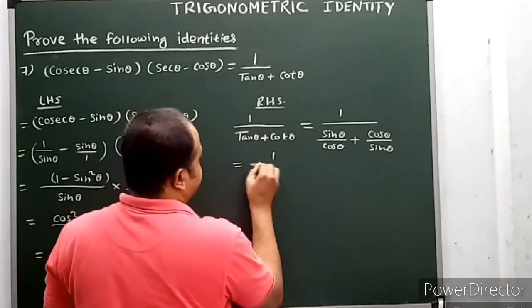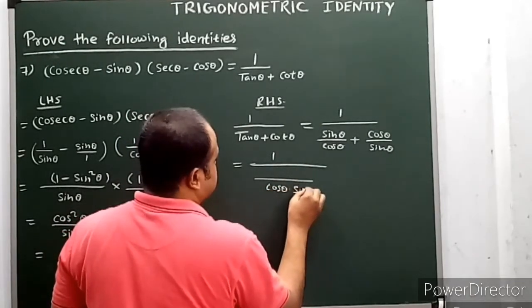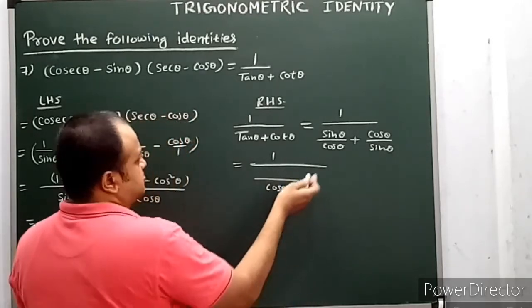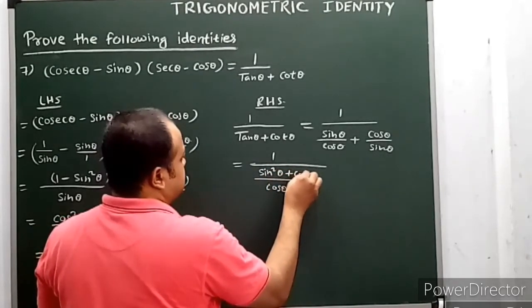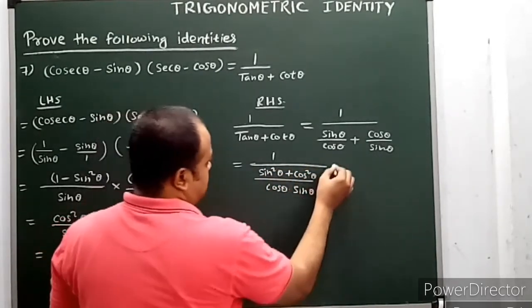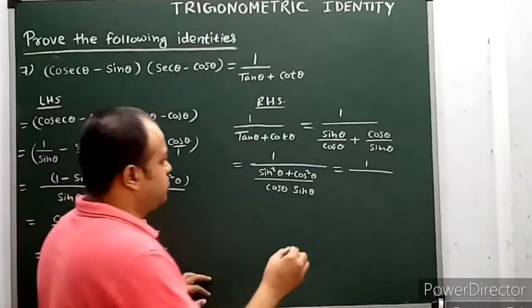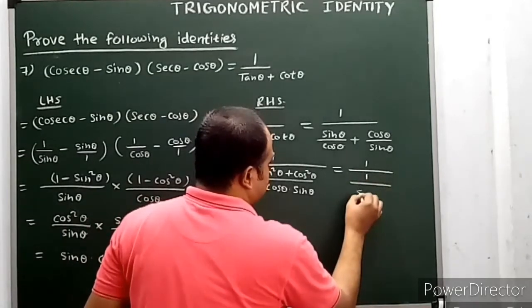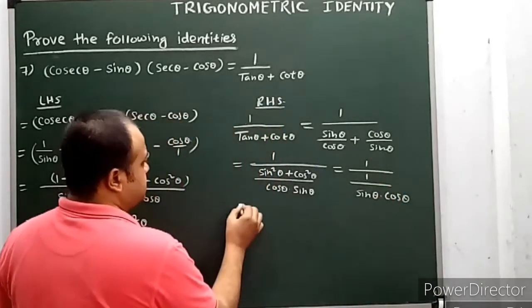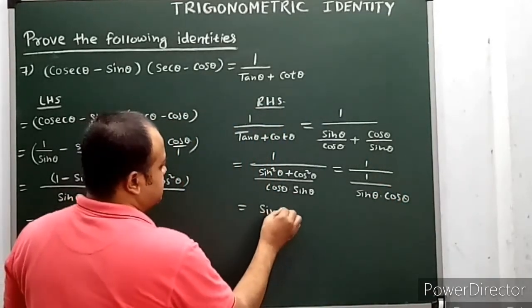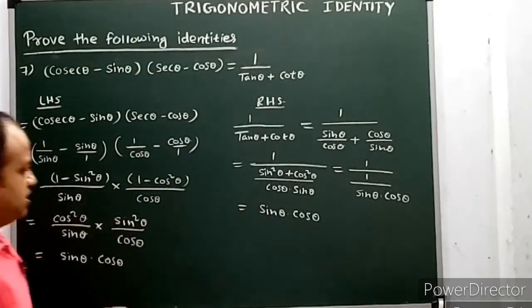If you take the LCM, you are getting cos theta sin theta, and here you are getting sin square theta plus cos square theta. Now sin square theta plus cos square theta is 1, so we will write here 1 by sin theta into cos theta. So ultimately what we will get? We will get sin theta into cos theta. See, LHS is equal to RHS.